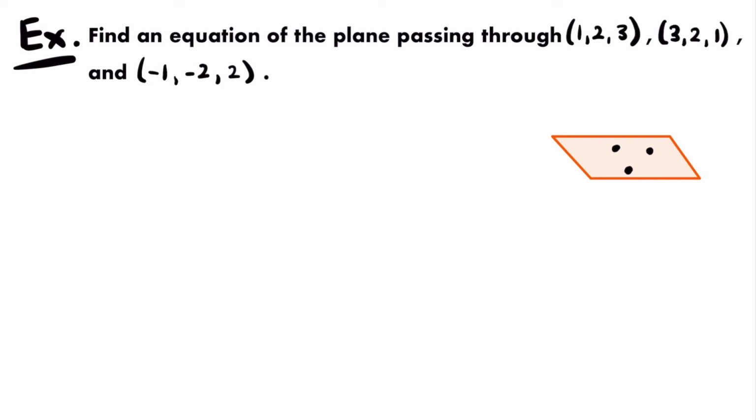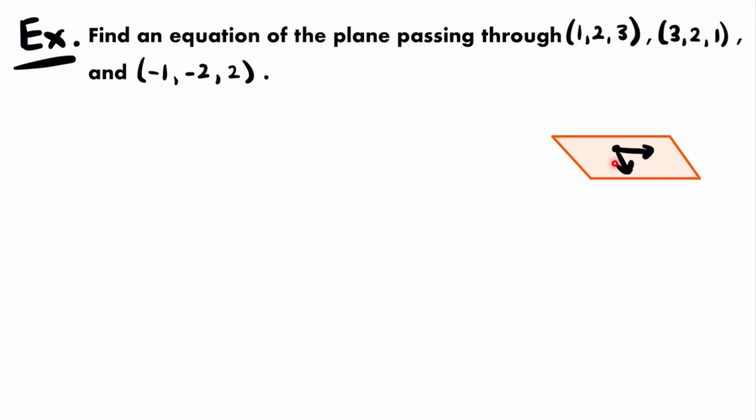And so the way we do that is to actually create 2 vectors using these 3 points, right? So those vectors might look like this and this. We find 2 vectors by using those 3 points. And so those 2 vectors would be within that plane. They would be parallel to the plane. And then remember, if you take the cross product of 2 vectors, the result is a vector that is perpendicular to both of those vectors.